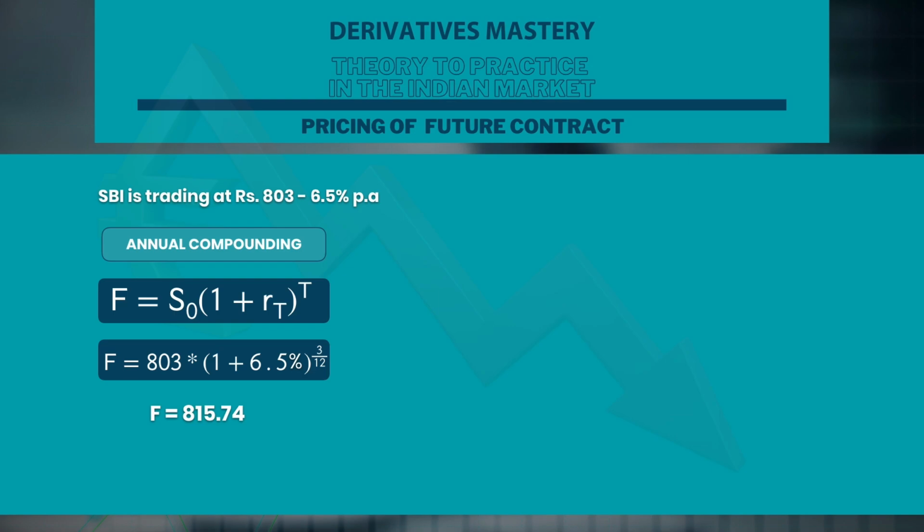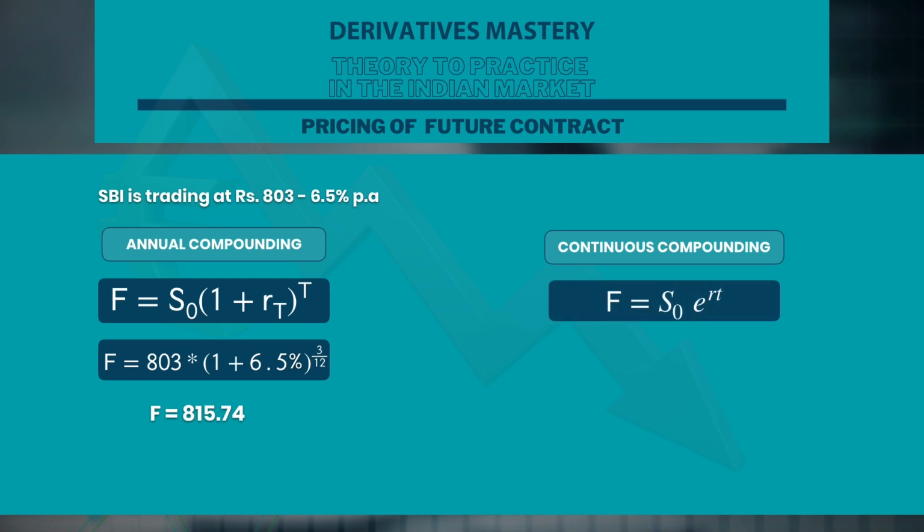So spot price is 803 into 1 plus risk-free rate of interest is 6.5% to the power 3 by 12, which is our time to expiry. So once you plug in the values in the formula, you get the answer as 815.74. So the fair value of future price of SBI with annual compounding is rupees 815.74. Now, let us compute the fair value of the futures contract using continuous compounding method.